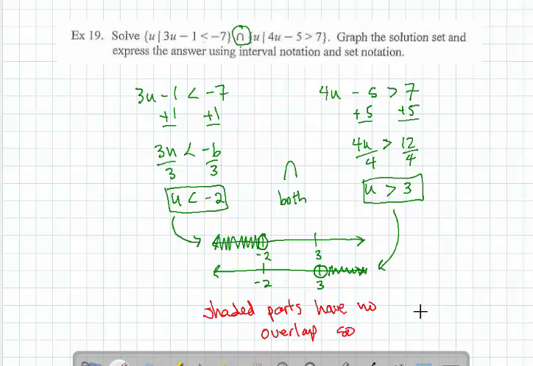So we write this symbol. We just write a 0 with a slash through it. The interval is an empty set. You could say there's no solution. There is no number that satisfies both of these inequalities.